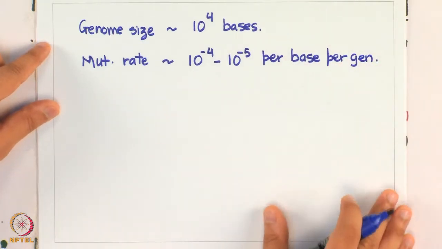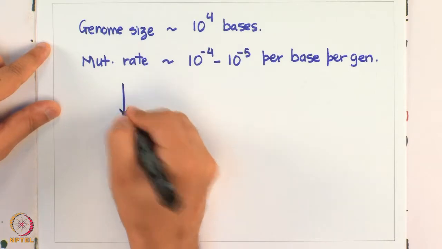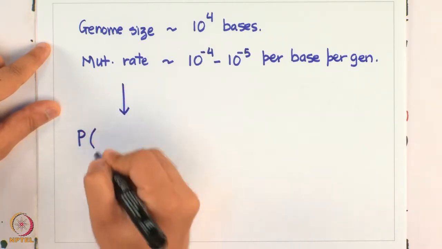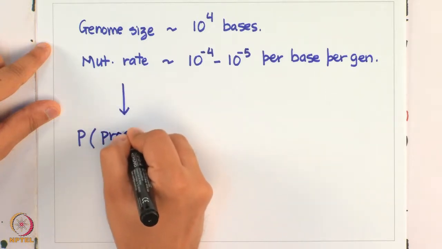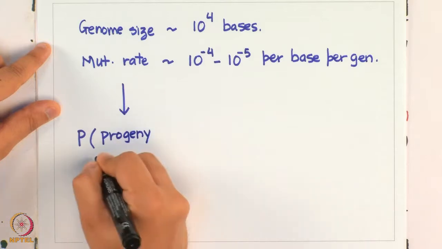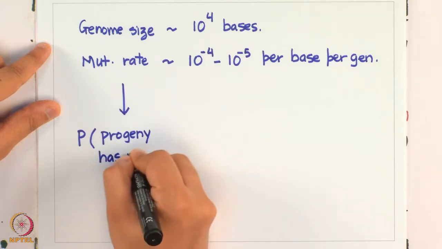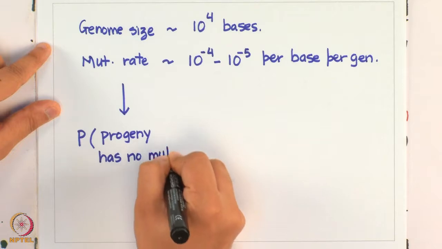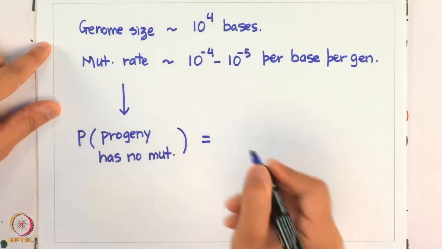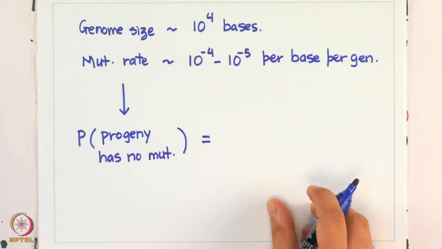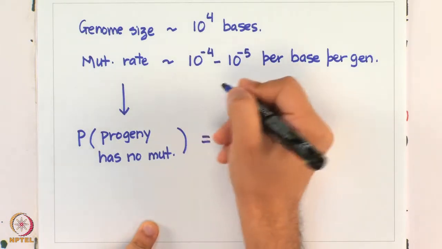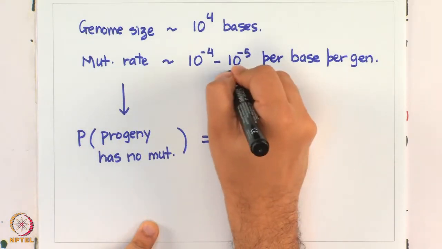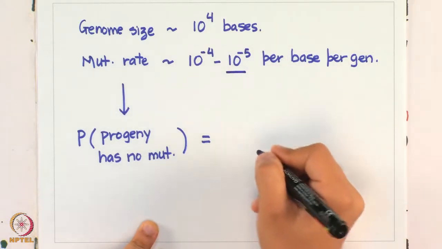The first thing that you should check is, when the virus replicates, what is the probability that the progeny has no mutations. Again, this is something that we touched upon earlier in the course. For our analysis, let's take the mutation rate to be 10 to the power minus 5.